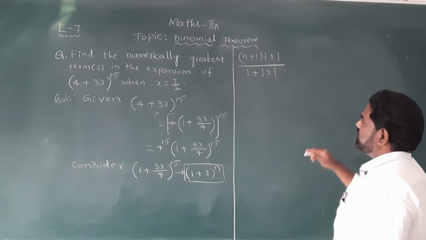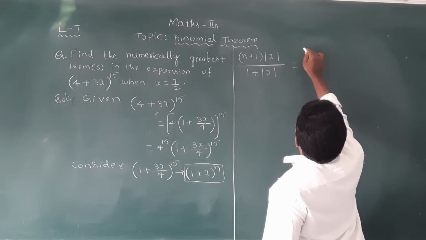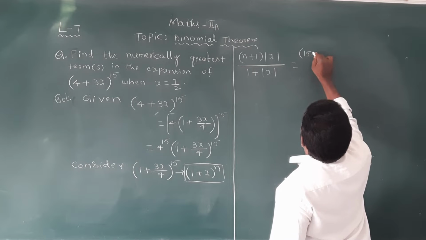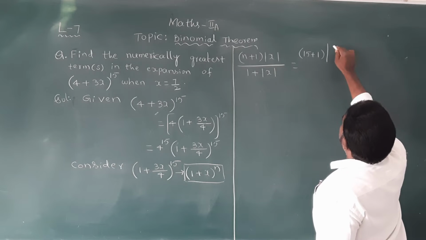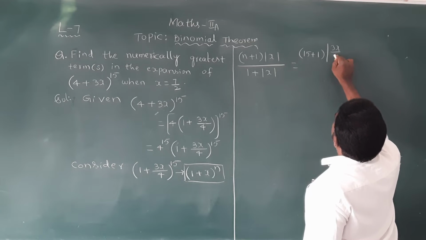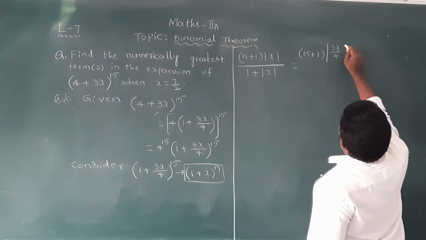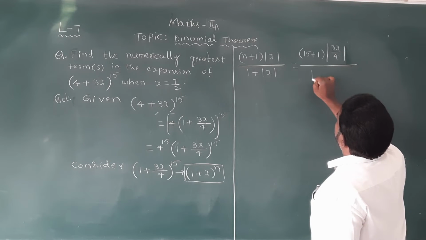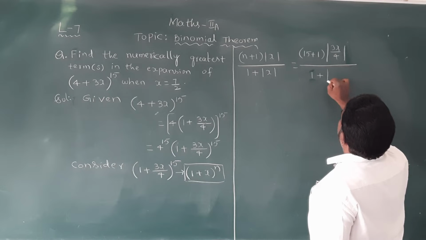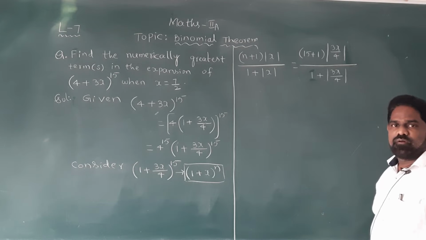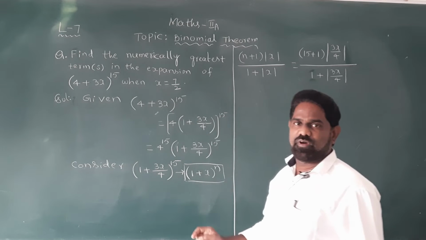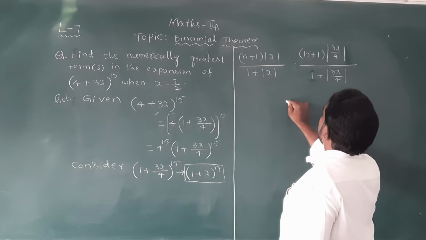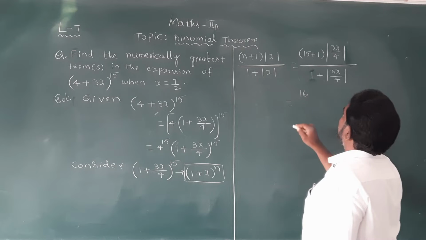This can be taken as n is 15, so (15 + 1) modulus x, where x means 3x by 4, all by 1 plus modulus 3x by 4. What is given according to the question? x equal to 7 by 2.